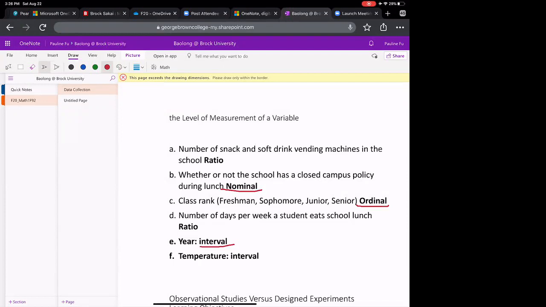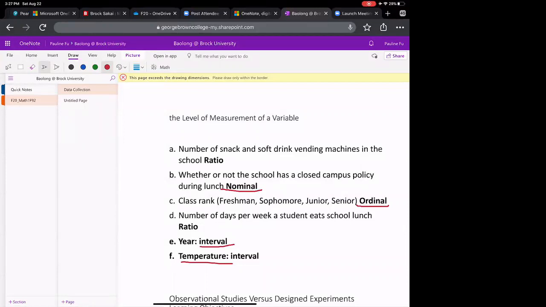It is just a way to mark that year: year 0, year 1, year 2, until year 2020. Okay. Another example of interval data is temperature. When temperature is 0, that does not mean the absence of temperature.